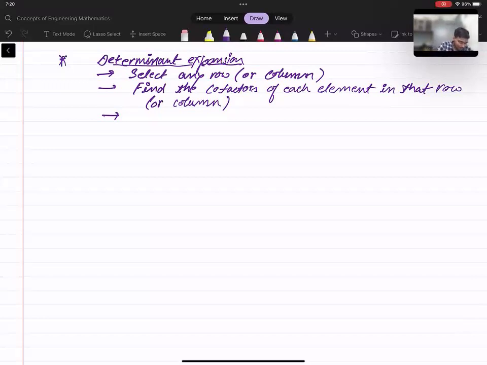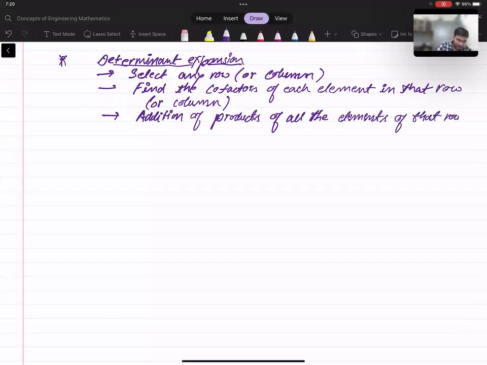So next step is addition of products of all the elements of that row or column with their respective cofactors.